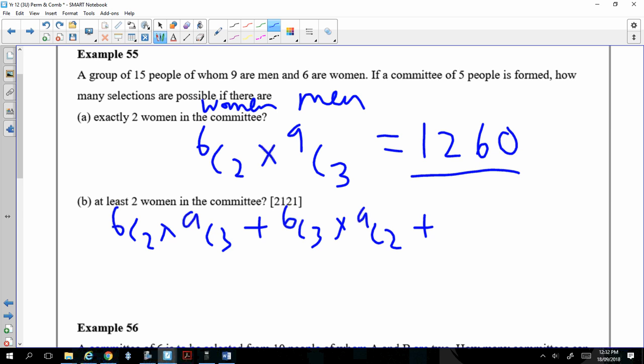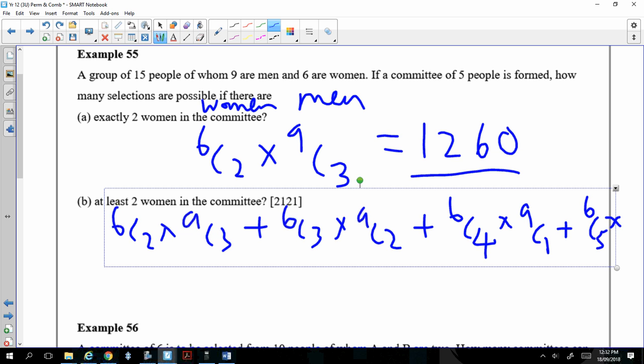Maximum, because you only select 5 people. Okay, like that. And you just work it out, and you should get 2121.